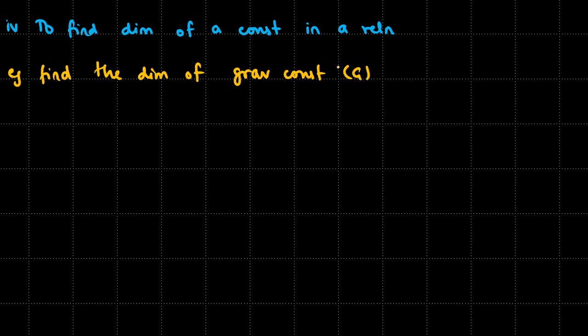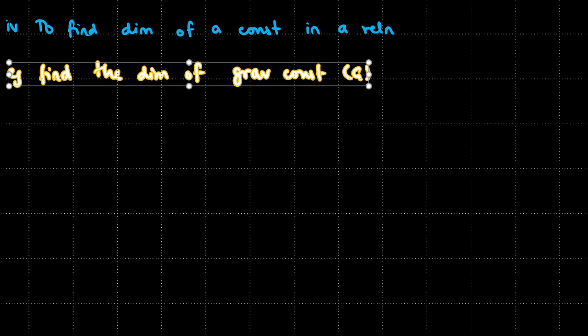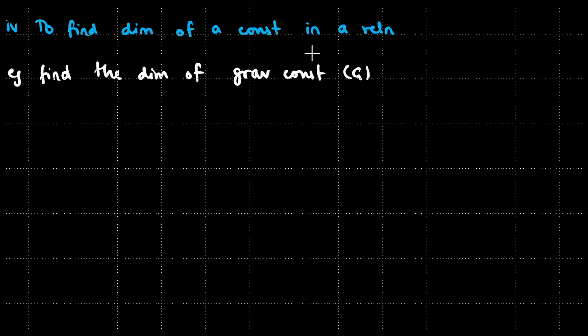So to find the dimension of gravitational constant, let me give it another color, white, because it's kind of a question as well and it's an example as well. So here we have F is equal to G m1 m2 by r square, which is the formula used to find force due to two masses separated by a distance of r.